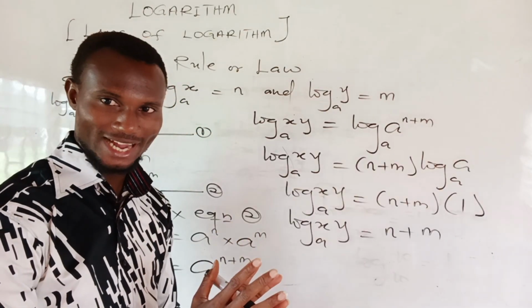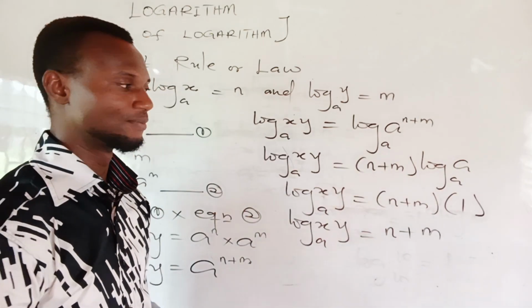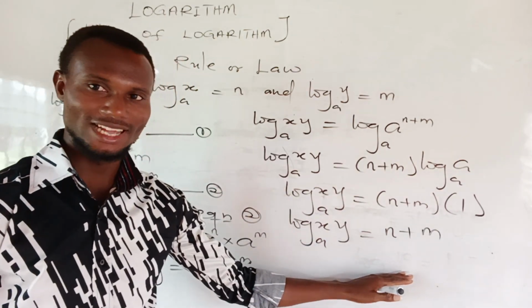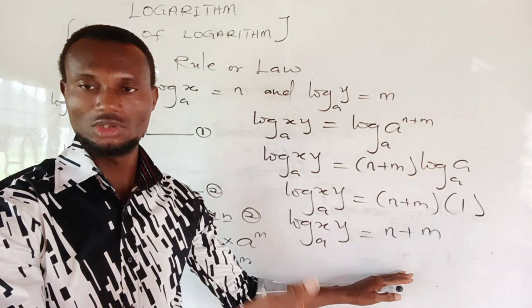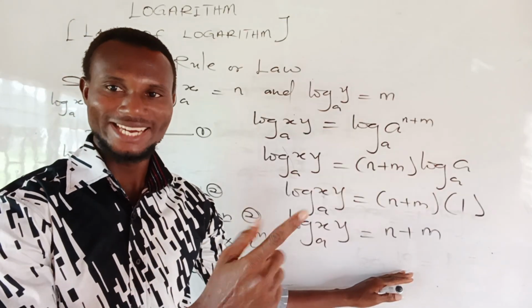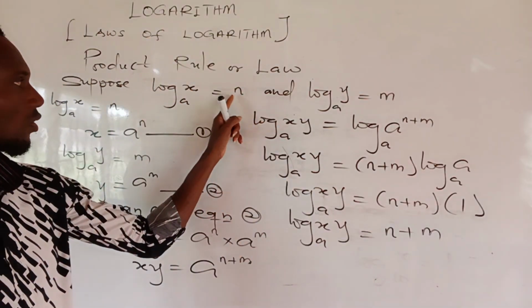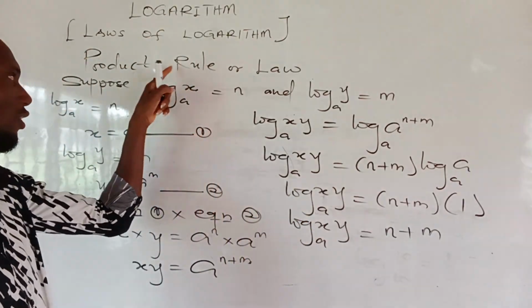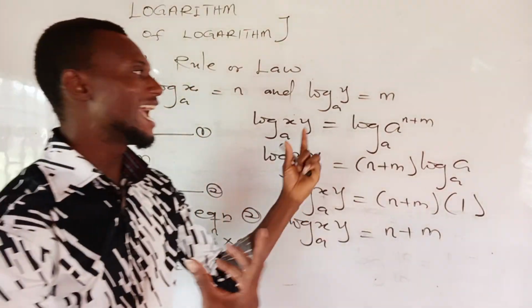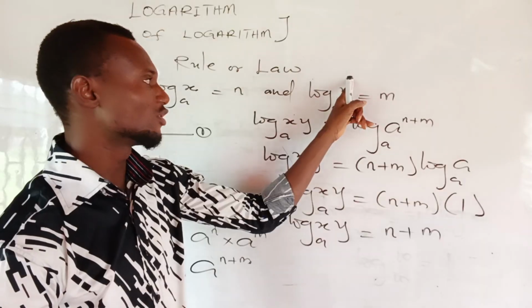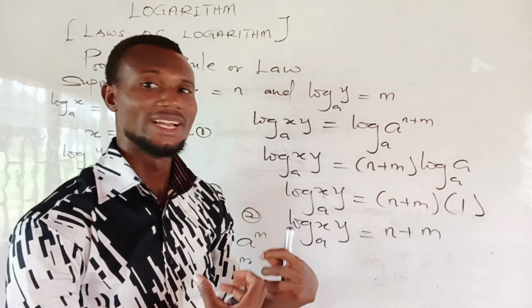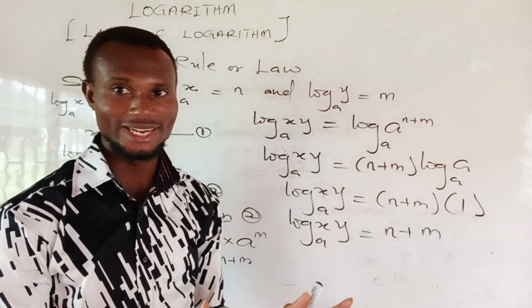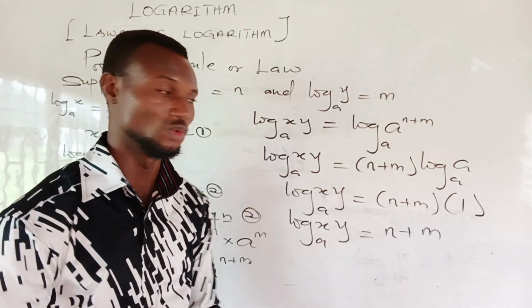All that we want to do from here is a substitution of the values of m and n. Now, n equals log s to the base a, so in place of n, we write log s to the base a there. And m equals log y to the base a, so in place of the m, we put that one there. As simple as that.